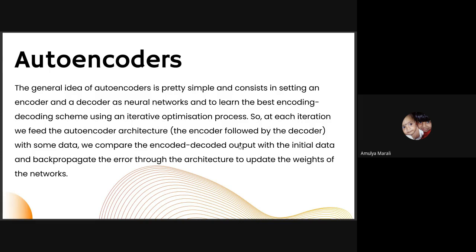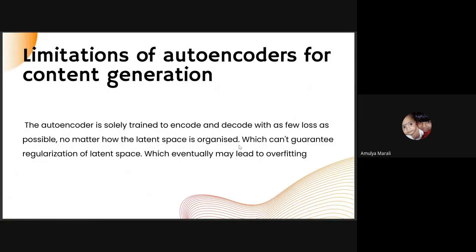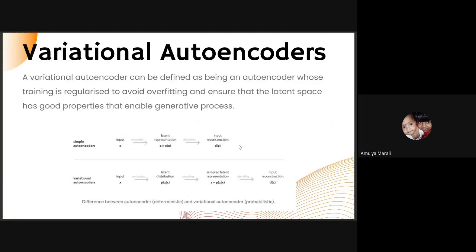If I had to explain it in a different way, if you have to write a test, you just studied every line from your textbook, but you're not able to apply the same content in a different way. It is the same thing, but you're not able to understand how to apply it. That's where overfitting comes in, and similarly underfitting. That's why in autoencoders you cannot guarantee regularization in the training process. These are the limitations of autoencoders, which led to variational autoencoders coming into the picture.